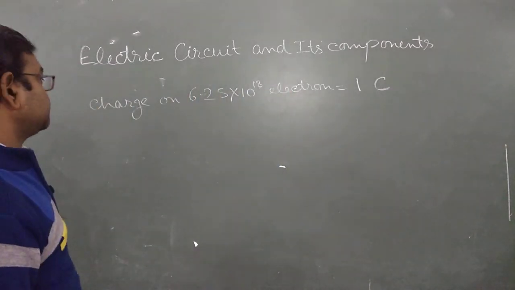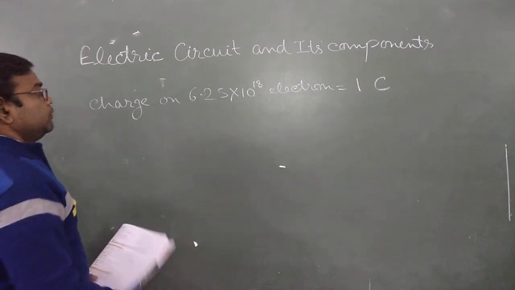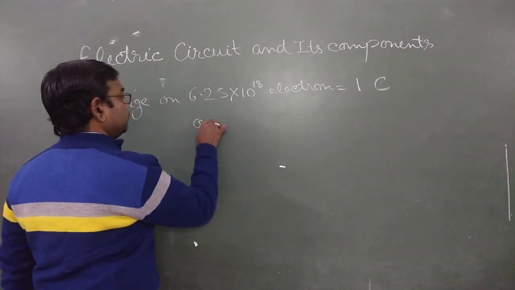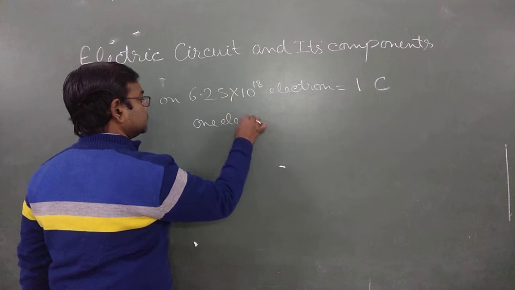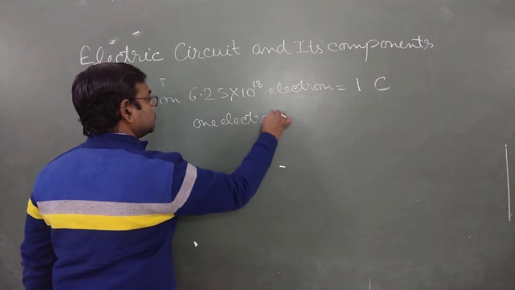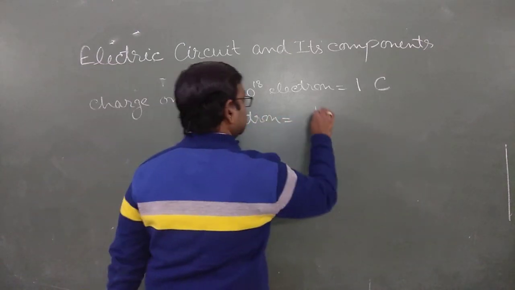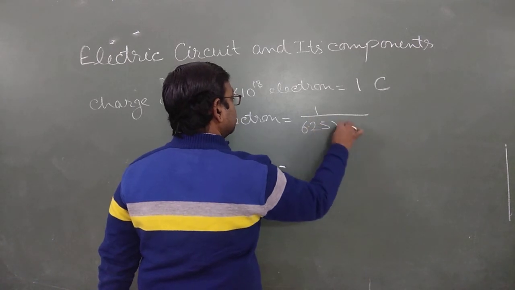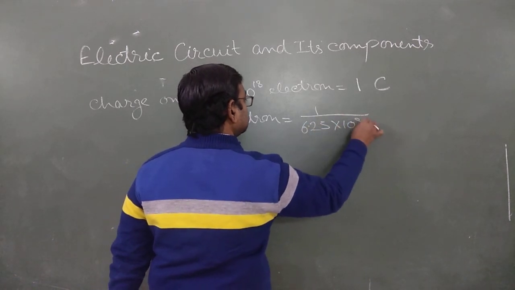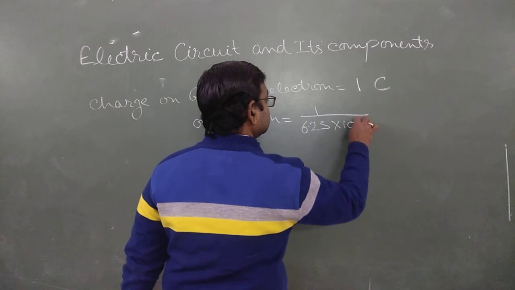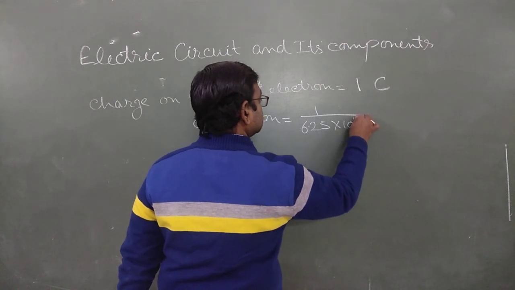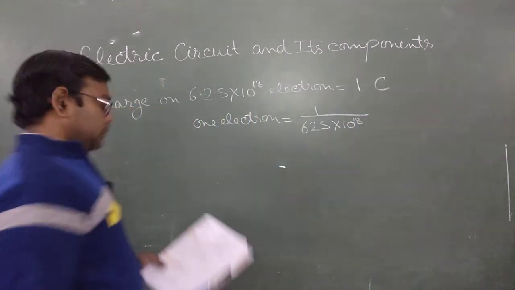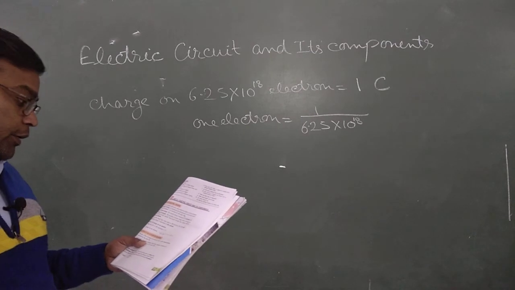Therefore the charge on 1 electron equals 1 upon 6.25 into 10 to the power 18.